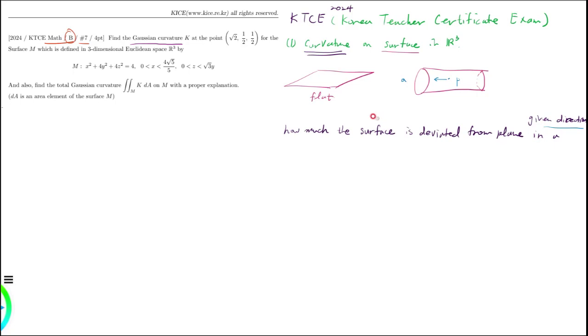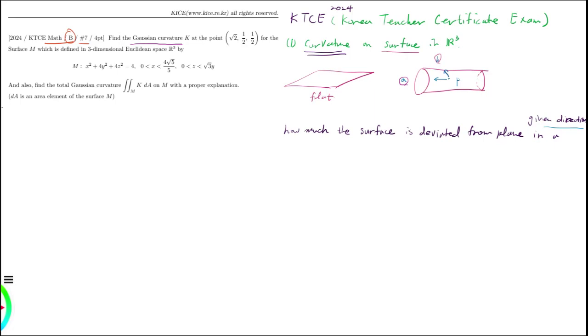So in this case, the curvature in direction A will be 0. But let me think about the other direction here. Let me say it's direction B.